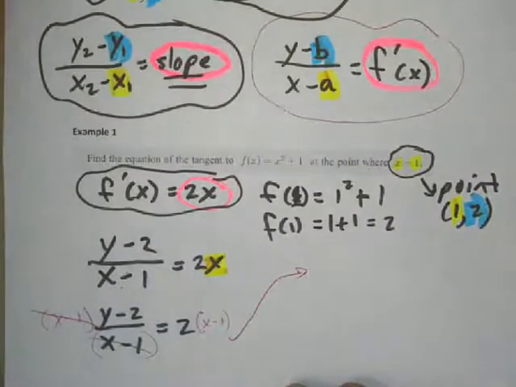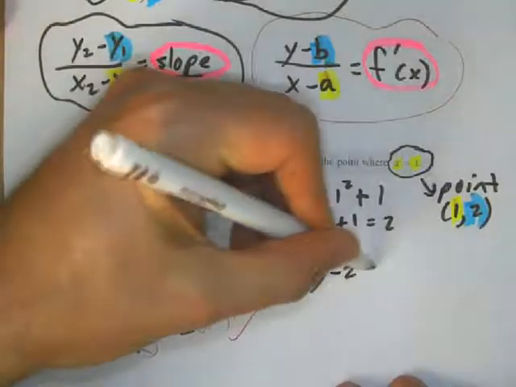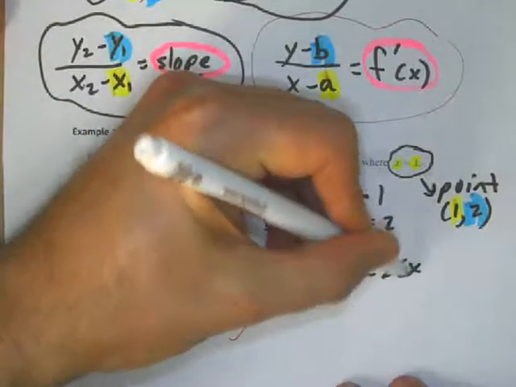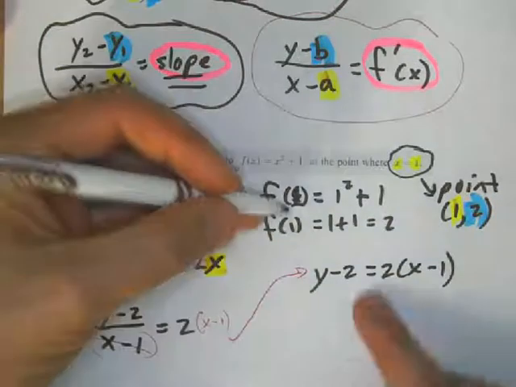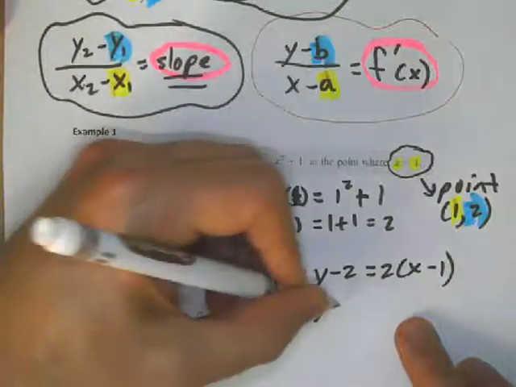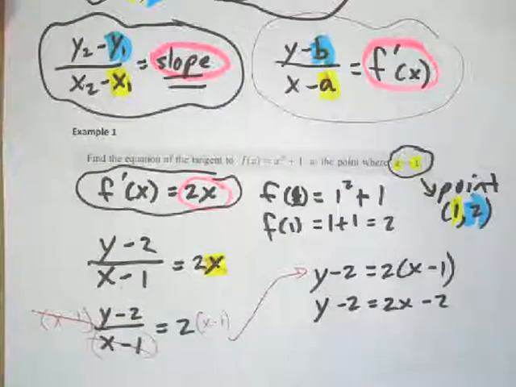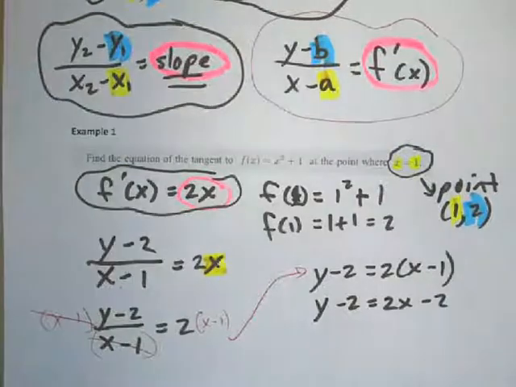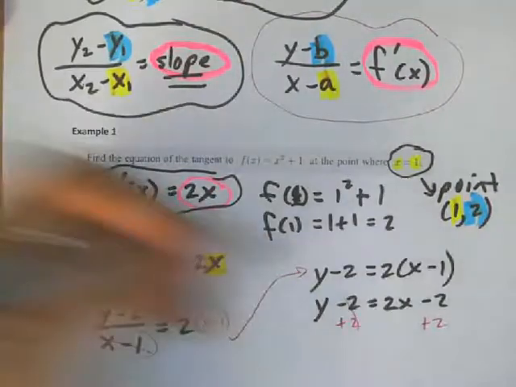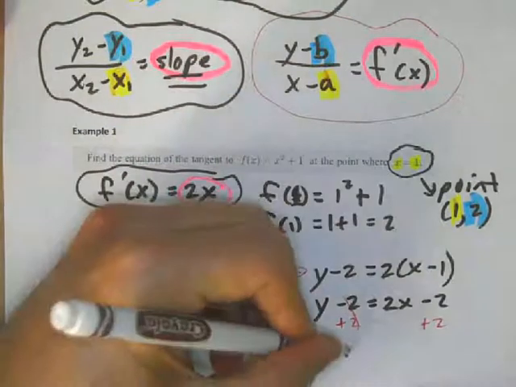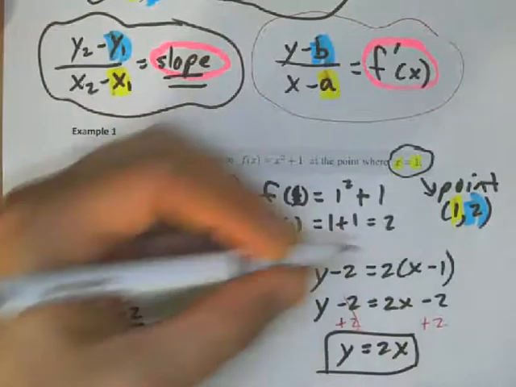And then I get y minus 2 equals 2 times x minus 1. Okay? And then if I do distributive property with a 2, I get y minus 2 equals 2x minus 2. And then the final step is we add 2 on both sides to make that cancel out. And then I get y equals 2x. And this is the equation of my tangent.